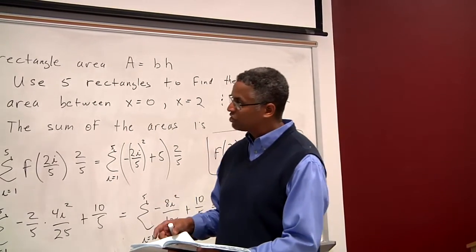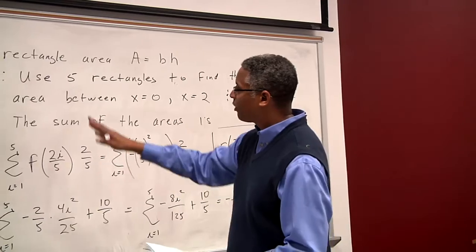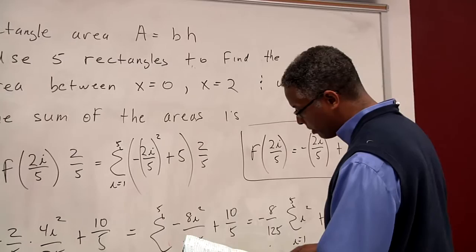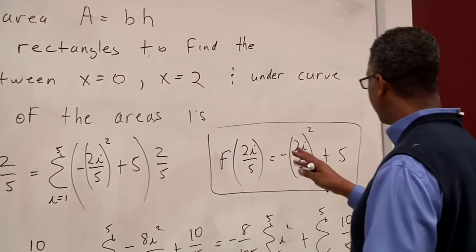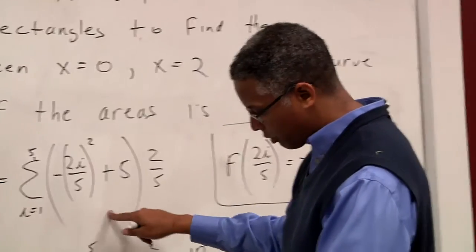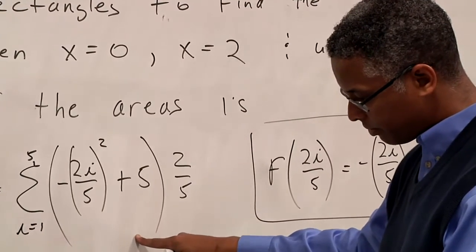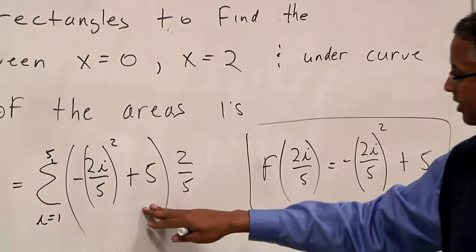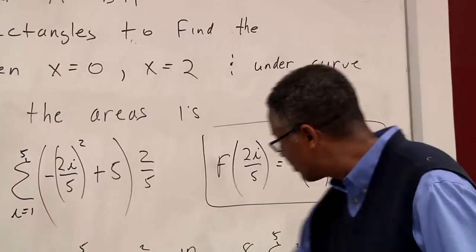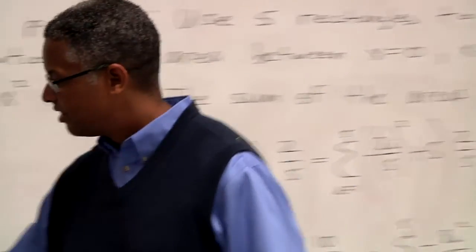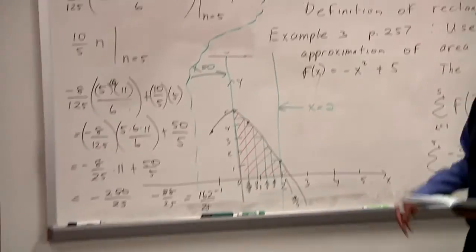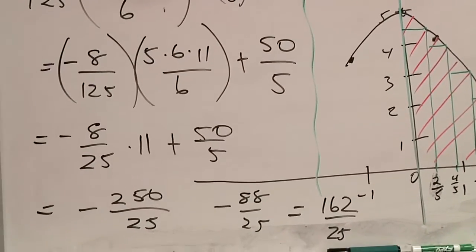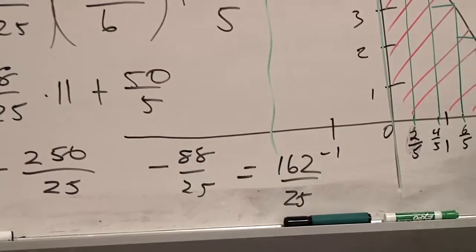This is example 3 in your book. The reason I'm going over this is because what the book did for you, and you're going to love this, was say this was what we're evaluating, and then go from here to here. It skipped all of this and said, this is your final answer. So why am I doing this? Because you may be reading the book and not understand how it got from here all the way to there.